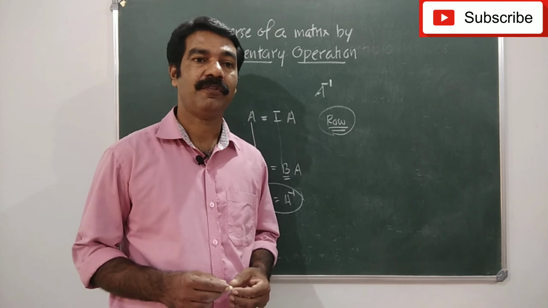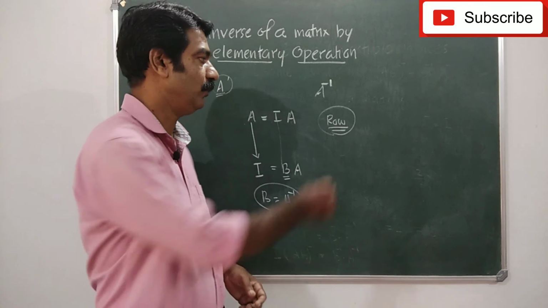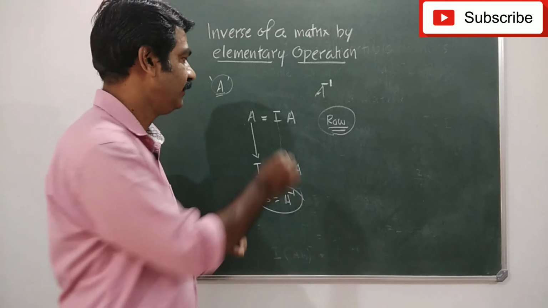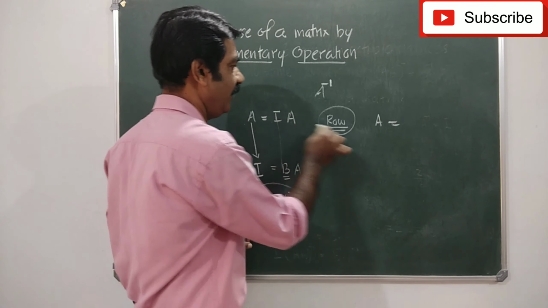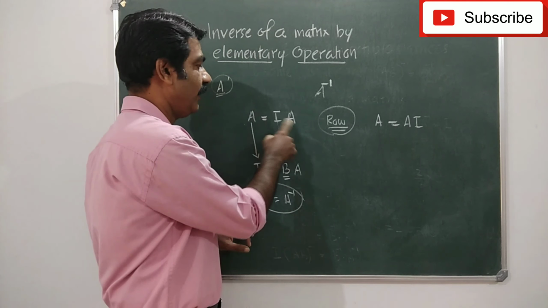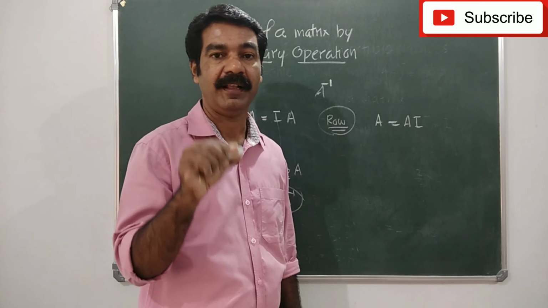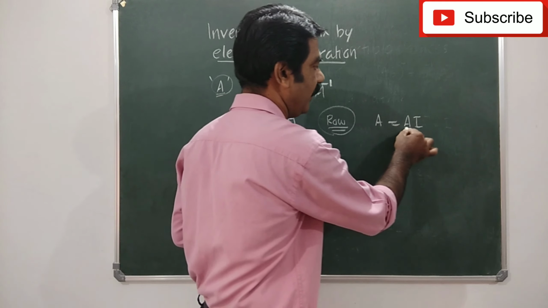See, we can find A inverse using elementary column operation also. Here we use row operation. If we want to use column operation, write A is equal to not IA, write A is equal to AI. Instead of A is equal to IA, you write A is equal to AI. If you want to apply elementary column operations, you write A is equal to AI.